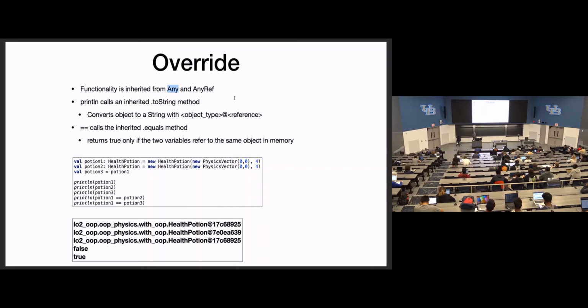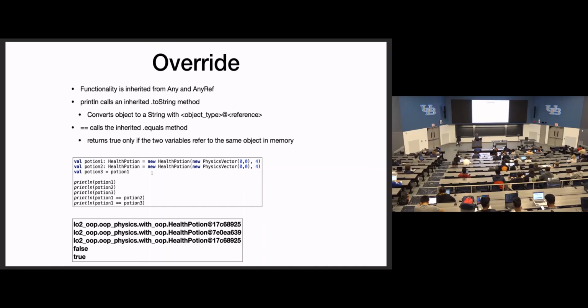We do get some default behavior from this. There is behavior defined in the any class, or in any ref for this one. In any ref, that's going to print out like this. If you print out any object of a type that you've written, you're going to get this printed out. Object type at some reference, some at some whatever.